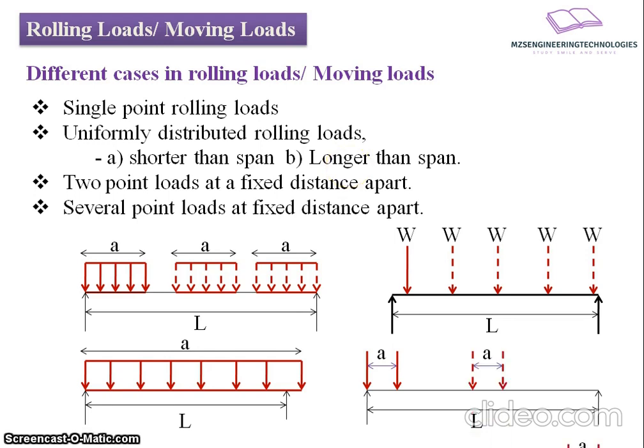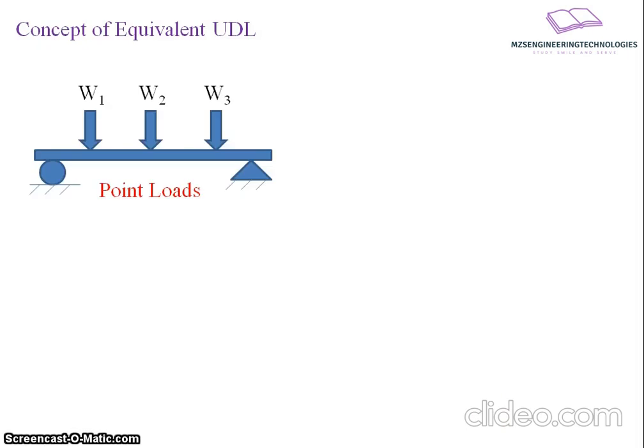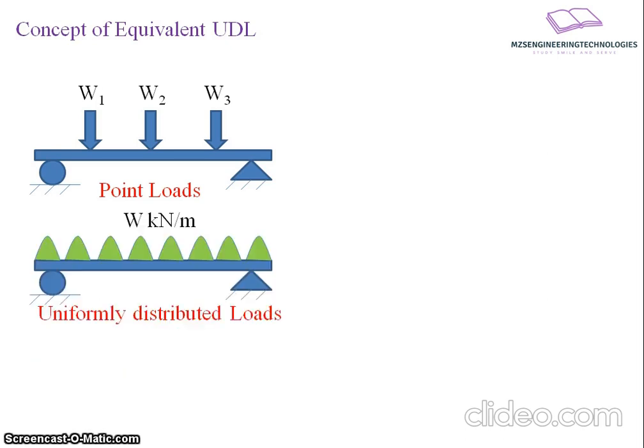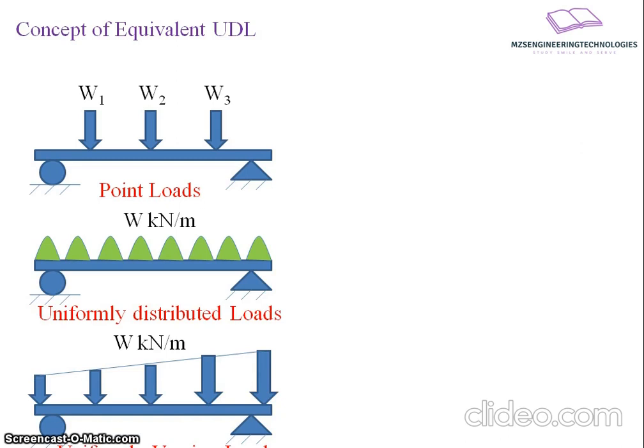To begin with, let us begin with the concept of equivalent UDL. As we know, there are different forms of load which are going to act on the structure, like a series of point loads, that is, a system of point loads, then uniformly distributed load and uniformly varying load.